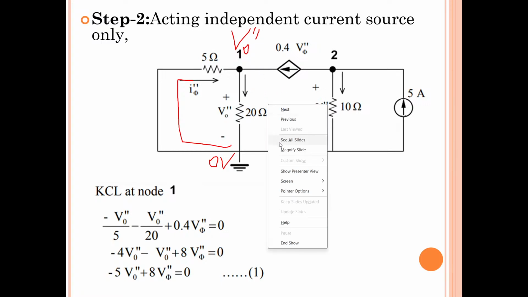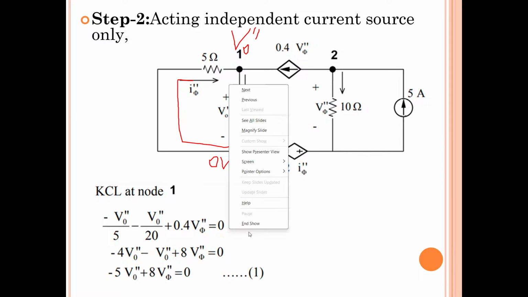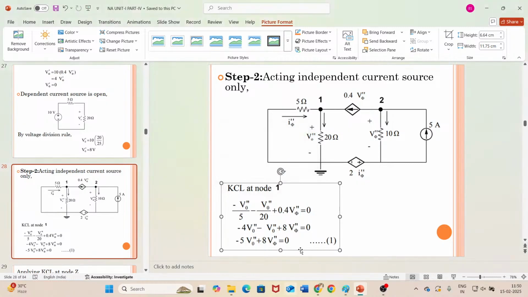Whatever direction I have mentioned here is somewhat different.